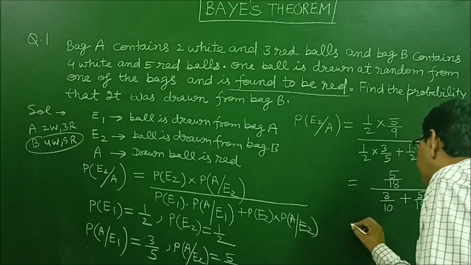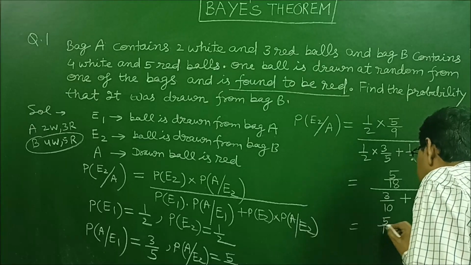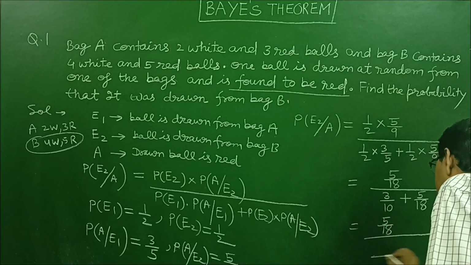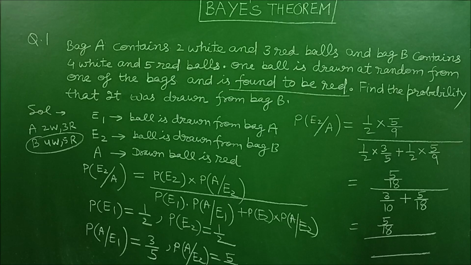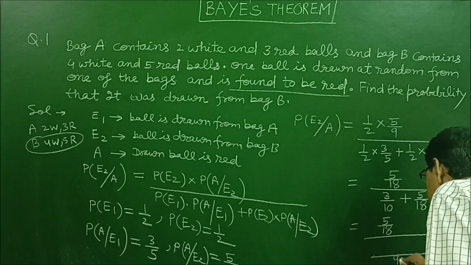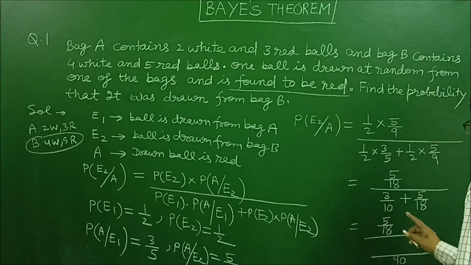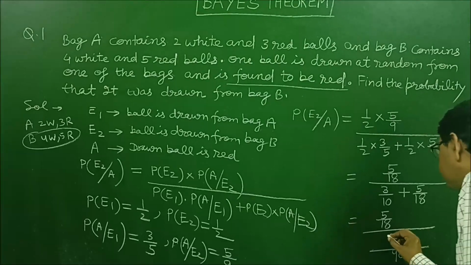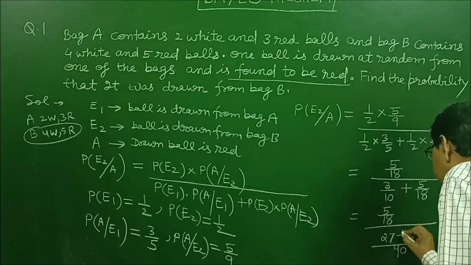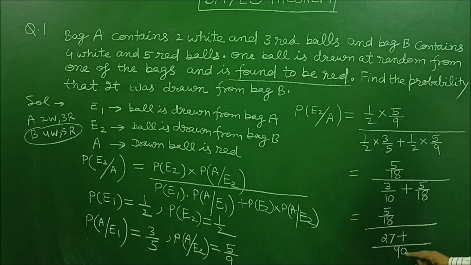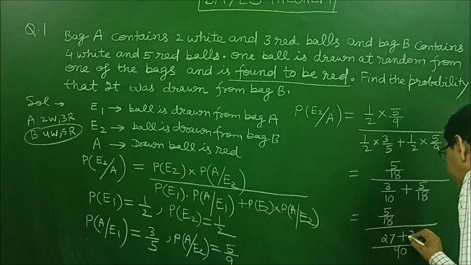So if we solve it further, 5 upon 18 divided by, we can take the LCM here, 90, then 10, 9 times 27 plus 18, 5 times 25.